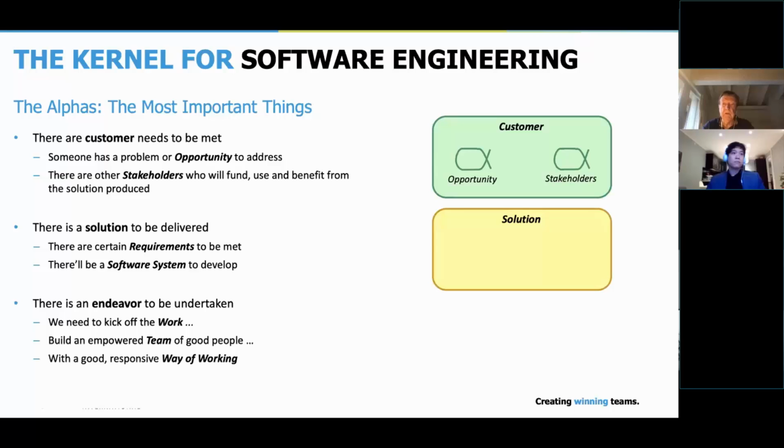There is a solution to be delivered, software for instance, and there are certain requirements to be met. Whatever we call it, the solution needs to have requirements. And then there is the software system you actually build. If you look at requirements, when you start building something, you don't know much about what you're building.